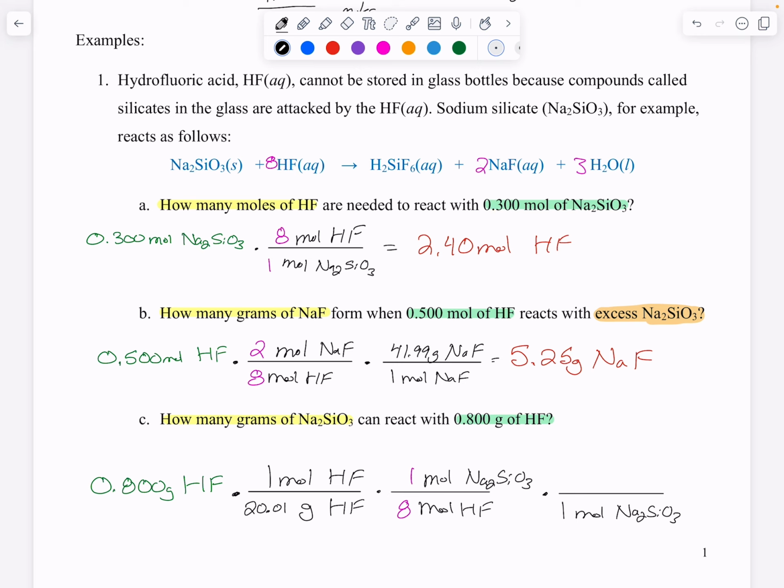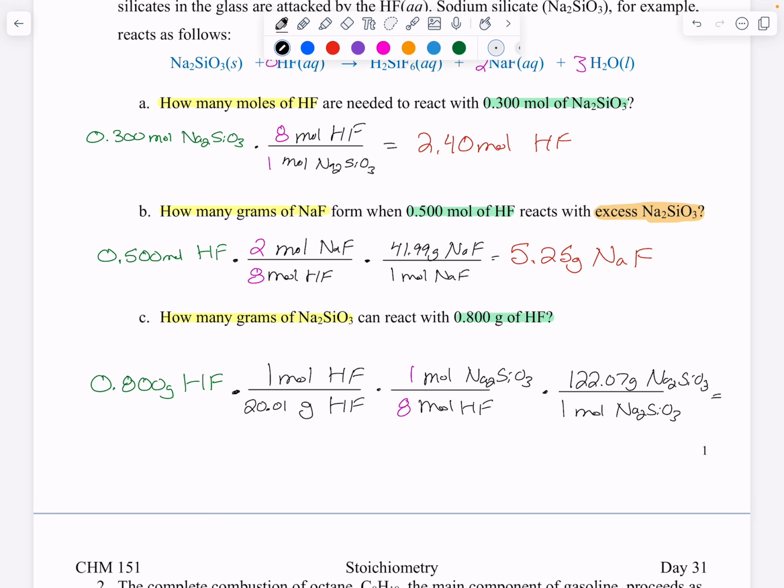So I get 122.07. So if I do that, I believe I get 0.6610 grams of Na2SiO3.